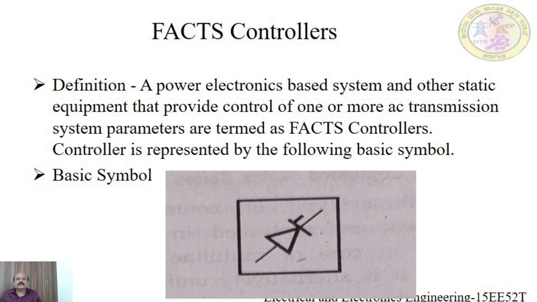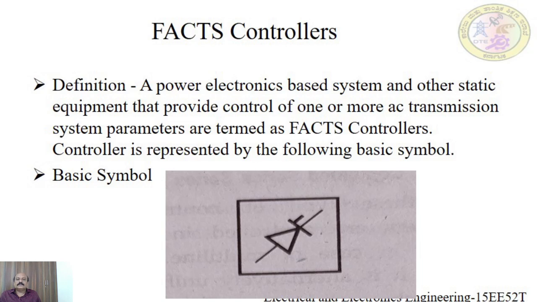These FACTS controllers are nothing but devices which can be used for switching different impedance parameters like capacitive reactance, inductive reactance, power frequency related components, or the phase angle introduction.